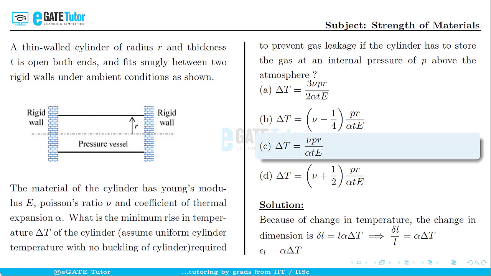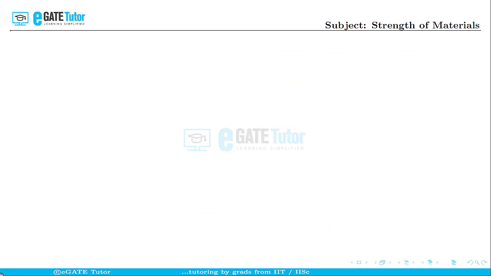Since we know the thermal strain in the length direction, we will use the generalized Hooke's law, which gives the relations between stress, strain, Young's modulus and Poisson's ratio. According to the generalized Hooke's law, we can write epsilon L is equal to sigma L by E minus nu into sigma H by E, where nu is the Poisson's ratio, sigma H is the stress developed in the hoop direction of the pressure vessel and E is the Young's modulus.